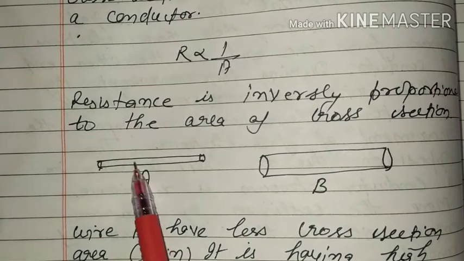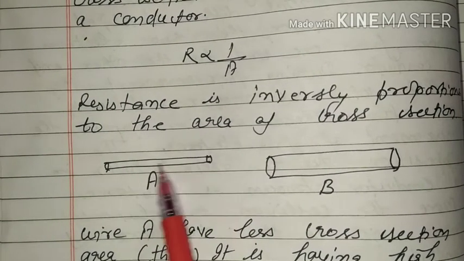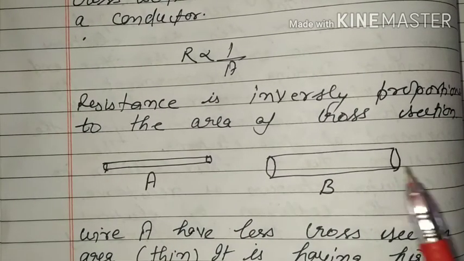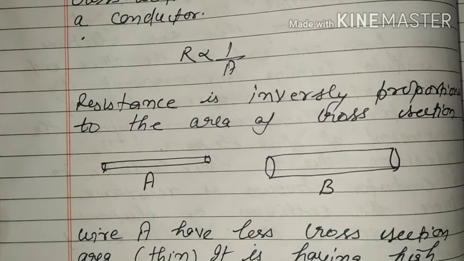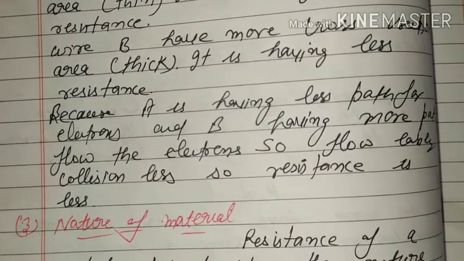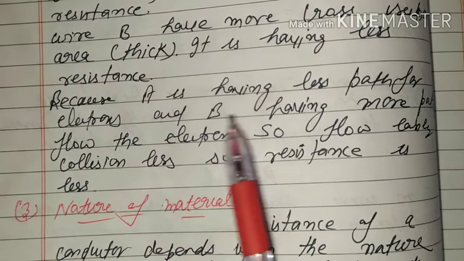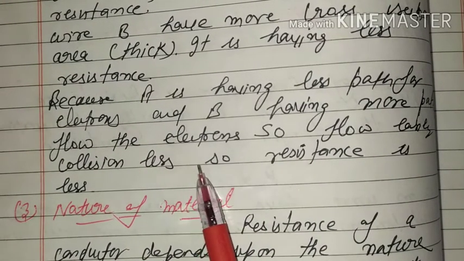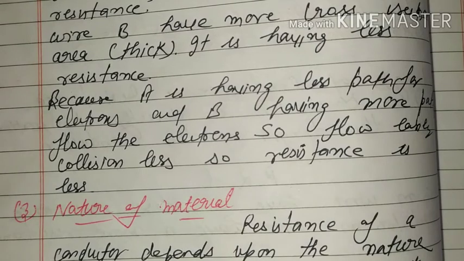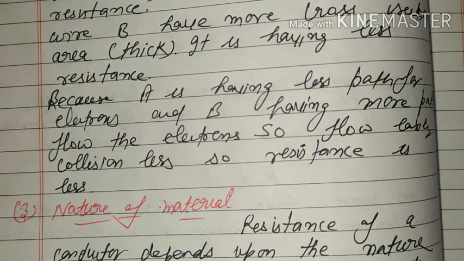Why? Because the thin wire has less path for electrons and the thick wire has more path for the flow of electrons. So electrons flow easily, collisions are less, so resistance is less.